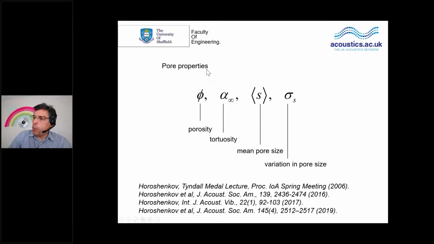So the key four fundamental properties will be the porosity of these materials, tortuosity, or actually how twisted the material pore is, or how uneven it is as a function of depth into the material. Also, a property like pore size, or some characteristic of the pore size. And then another property could be variation in the pore size. So how much does the pore size vary?